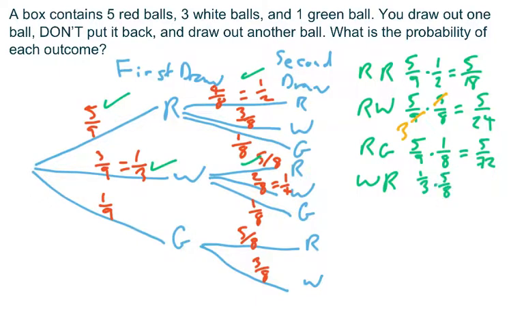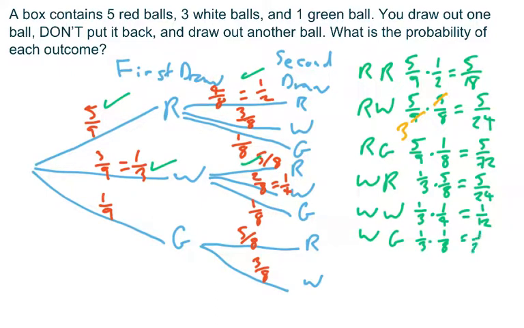And that would give me 5/24. Notice you do have some repeated values here. That will happen. You could have a white followed by a white. That would be 1/3 times 1/4. Going down that branch of the tree, that's 1/12. White followed by green, 1/3 times 1/8, which would be 1/24.